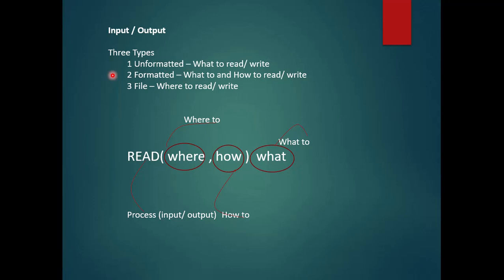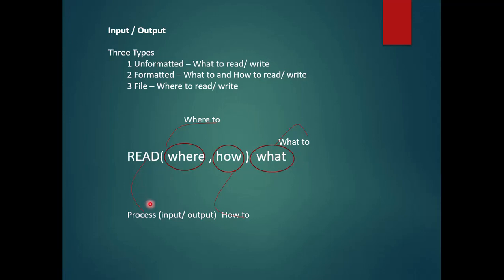So let us consider this particular process where we write down read, then in parentheses, the first part is where to. Then the second one is how to, and then after the parentheses you have the part which is what to.